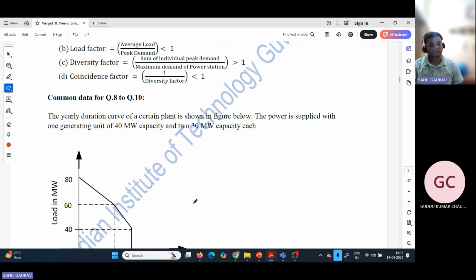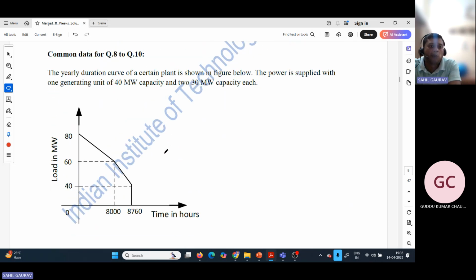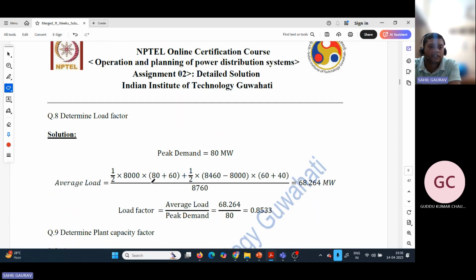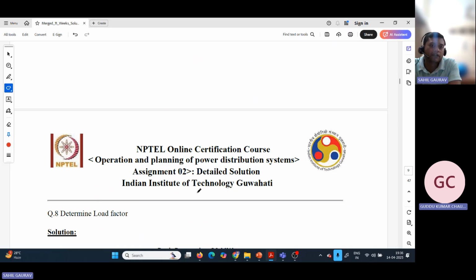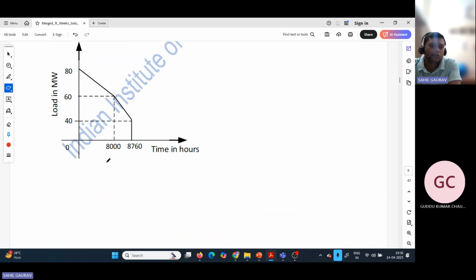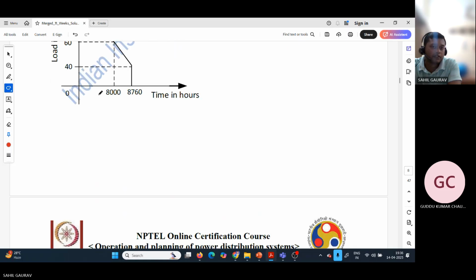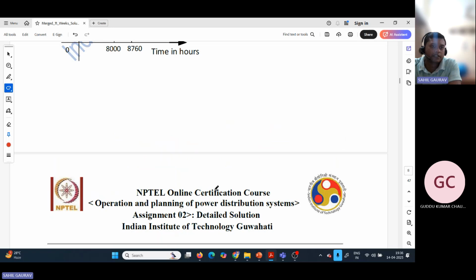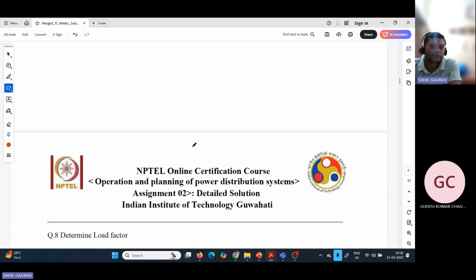Now for questions 8 to 10, we have a load curve given, and we can find the load factor. Load factor is the average load upon peak demand. For average load, you take the area upon time, and the peak demand is 80 megawatt, which happens at the starting time.